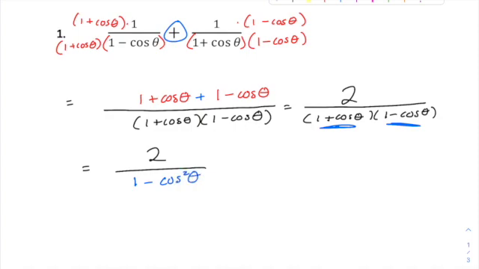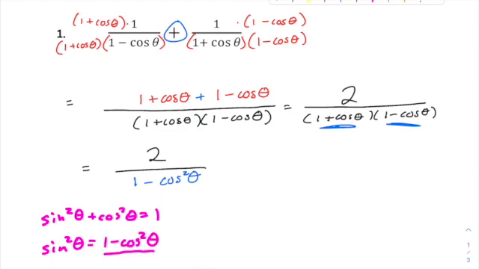Now that's not one term yet, but because you've made a square, you should be thinking about that Pythagorean identity: sine squared plus cosine squared is equal to 1. So 1 minus cosine squared, just maneuvering that to the other side, is always equal to sine squared.